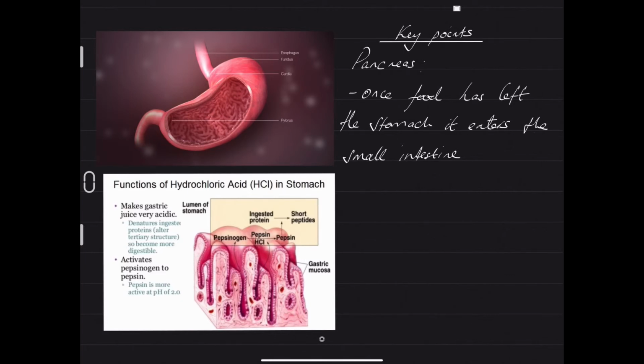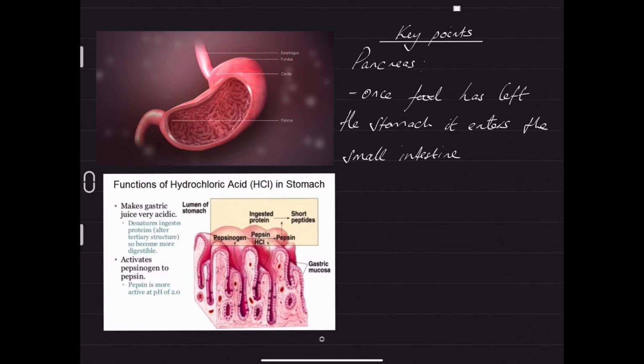Now, the enzymes that aid in digestion or break down the food in the small intestine are made by the pancreas. So this is the link between the pancreas and the small intestine when we refer it back to the stomach. So what we say is that enzymes that digest food in the small intestine are made in the pancreas.